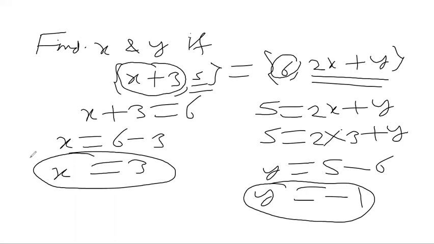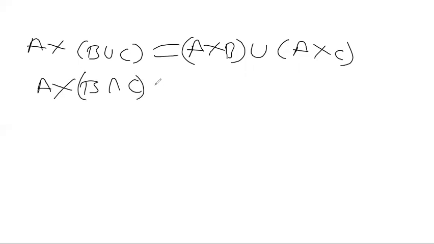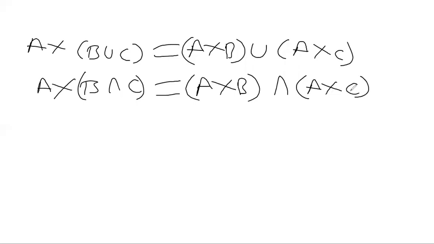Now I will be giving some theorems. Please keep in mind: A cross (B union C) is equal to (A cross B) union (A cross C). Now A cross (B intersection C) will be equal to (A cross B) intersection (A cross C).